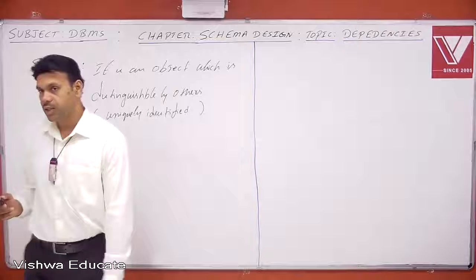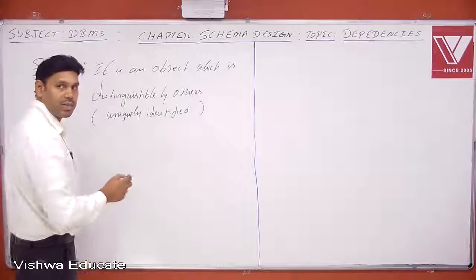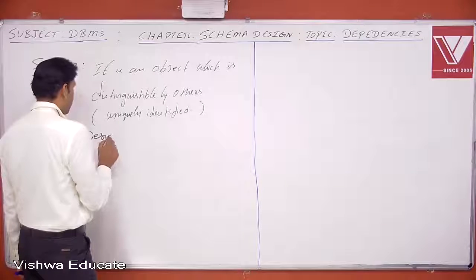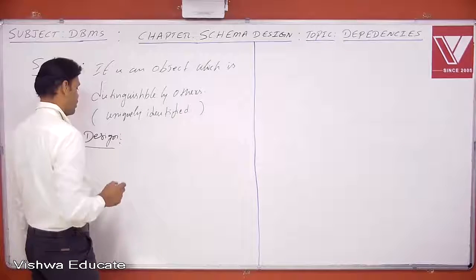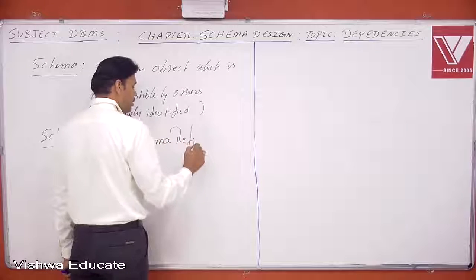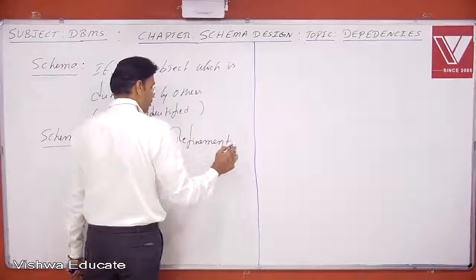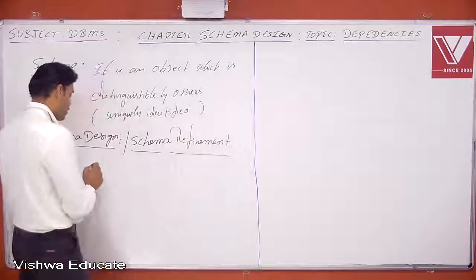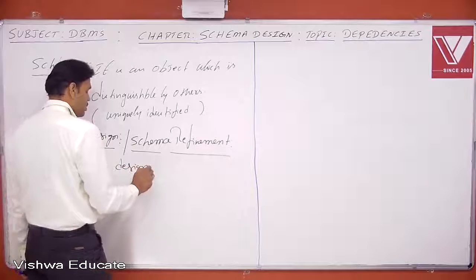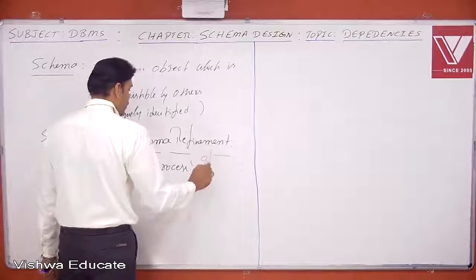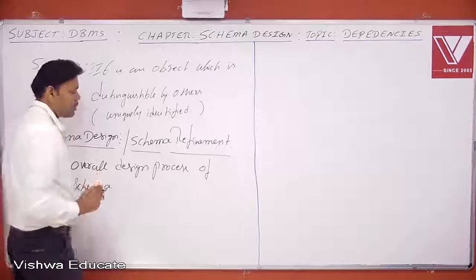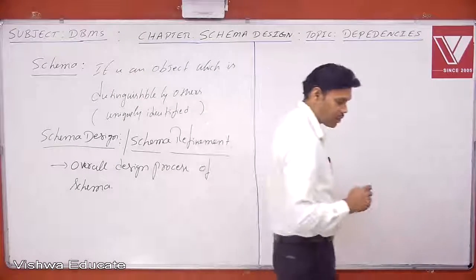So what is the concept of schema design, or you can say schema refinement? Both are the same. What is schema refinement? It's nothing but the overall design process of a schema.